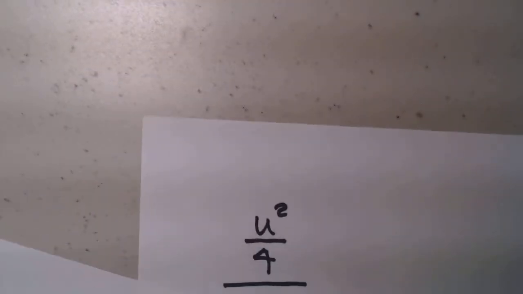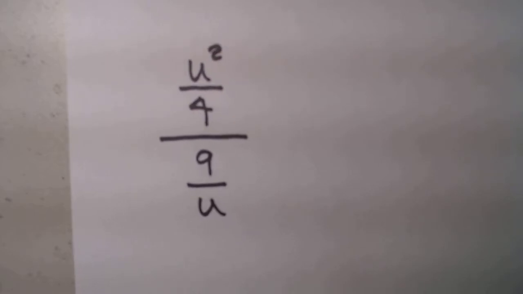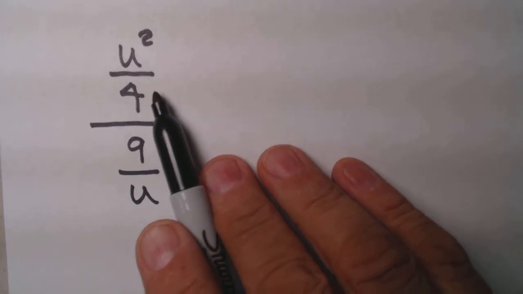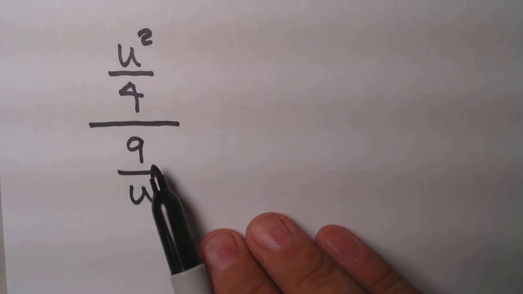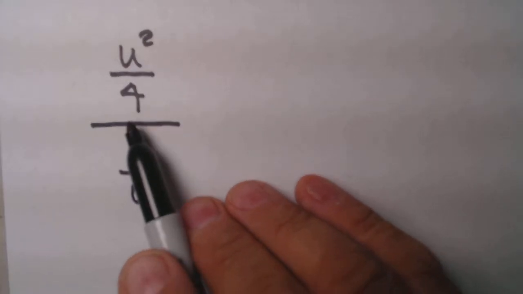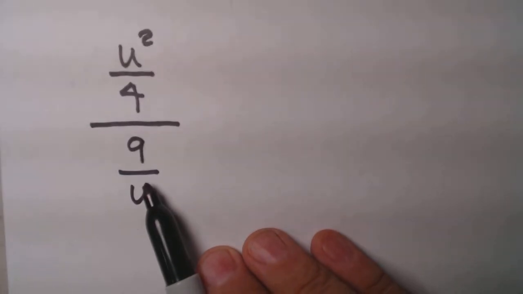Okay, here we go. Here's the next one we're going to look at. And notice now what we have here is a single fraction upstairs and a single fraction downstairs. So this is definitely a complex rational expression. Now, notice the nice thing is, since this is a single fraction and this is a single fraction, we can just jump to the reciprocal business right quick here.